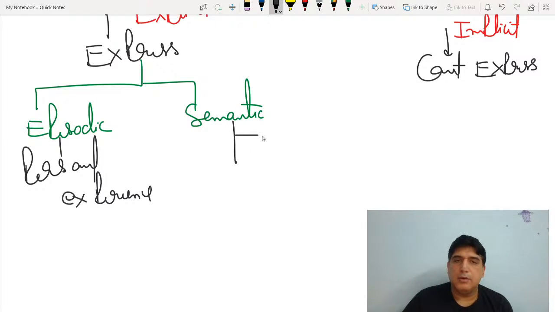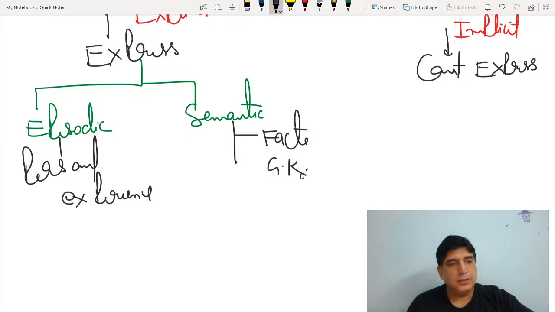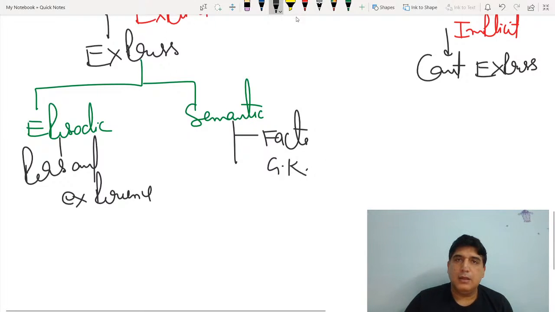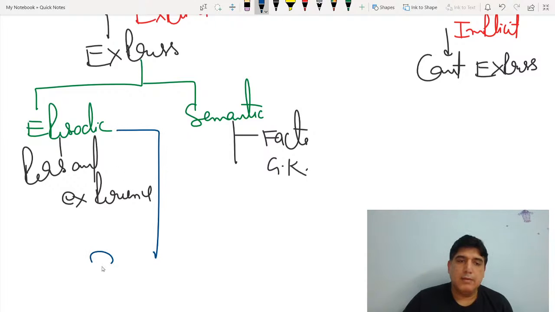Semantic is about facts, about general knowledge. Episodic memory deficit we have in amnestic syndrome.